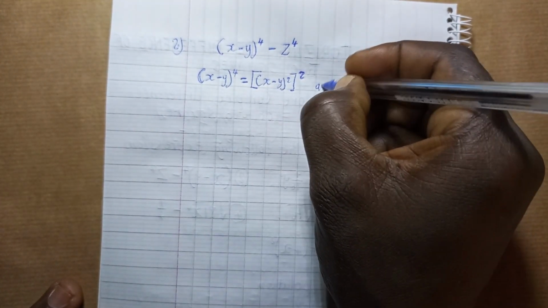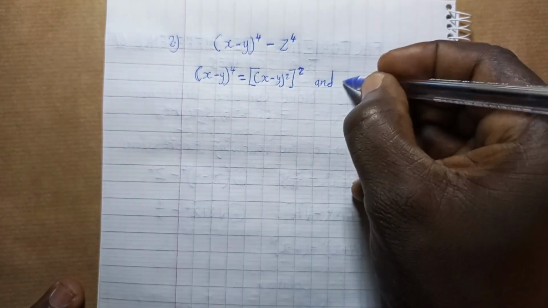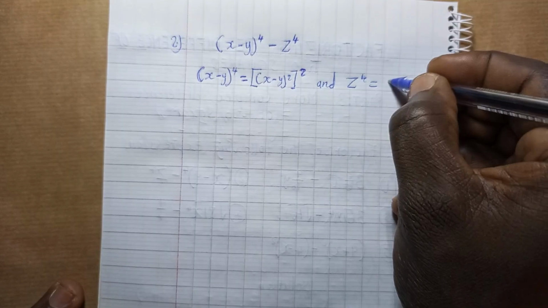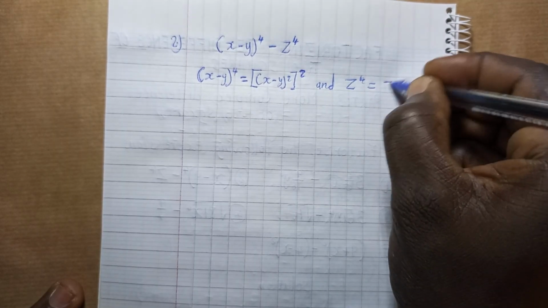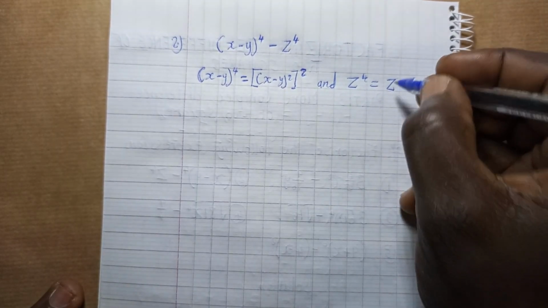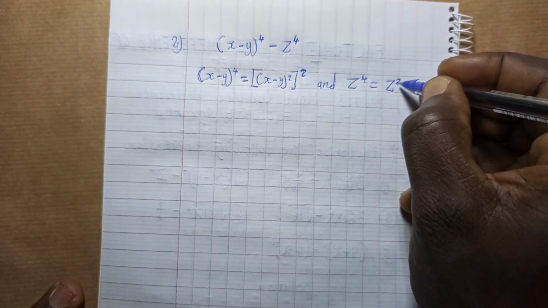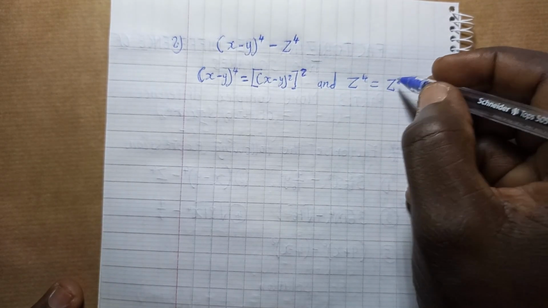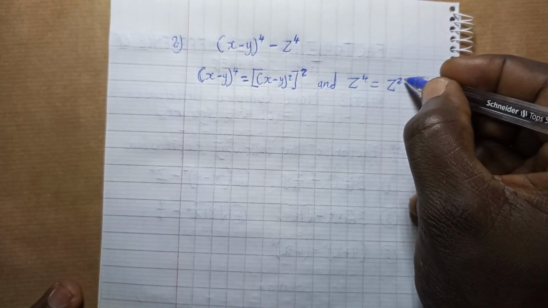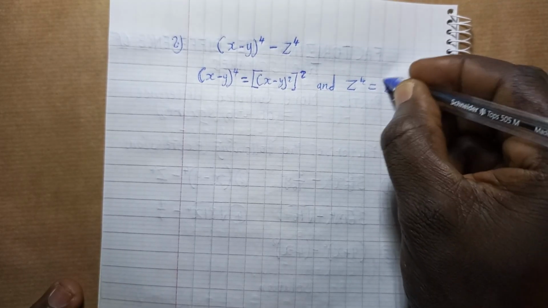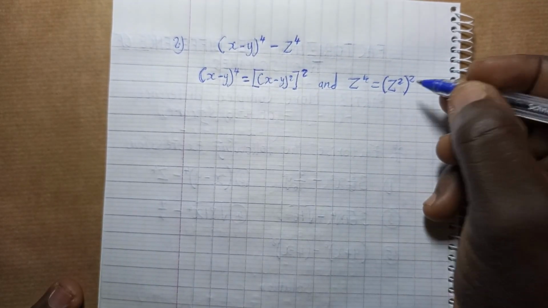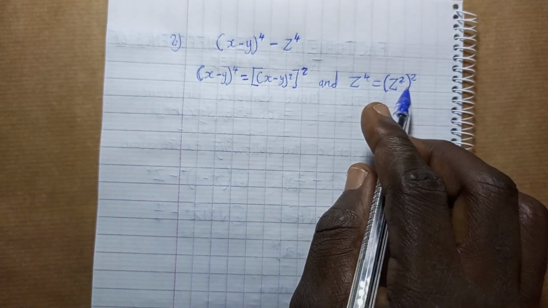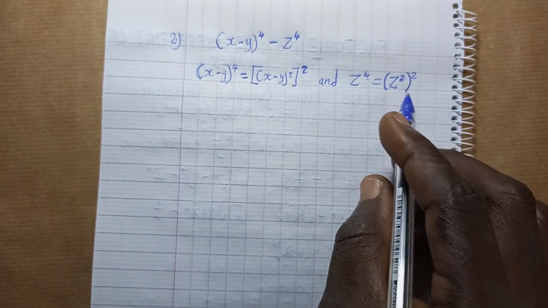And for z raised to power 4, is equal to z square, and then outside, z square again. Just like what we did here, the same thing here also.